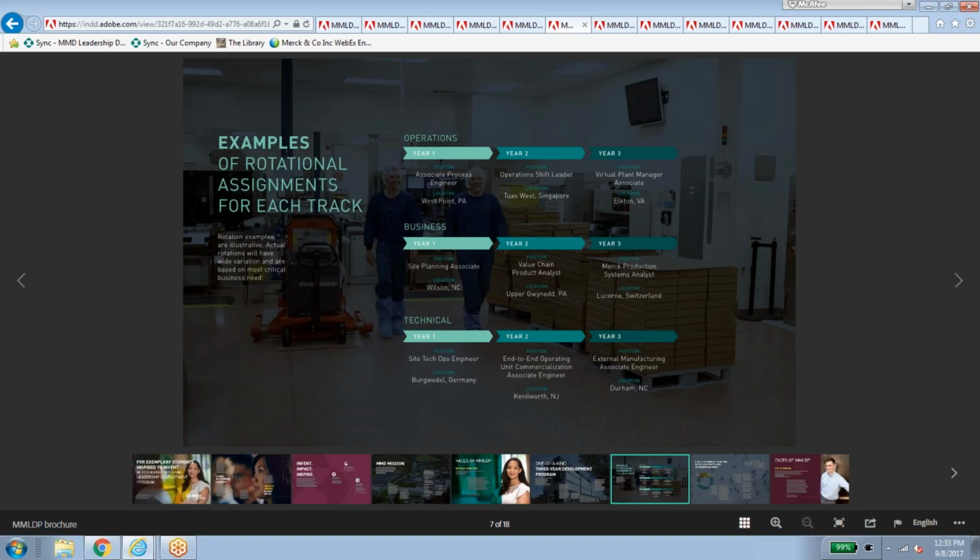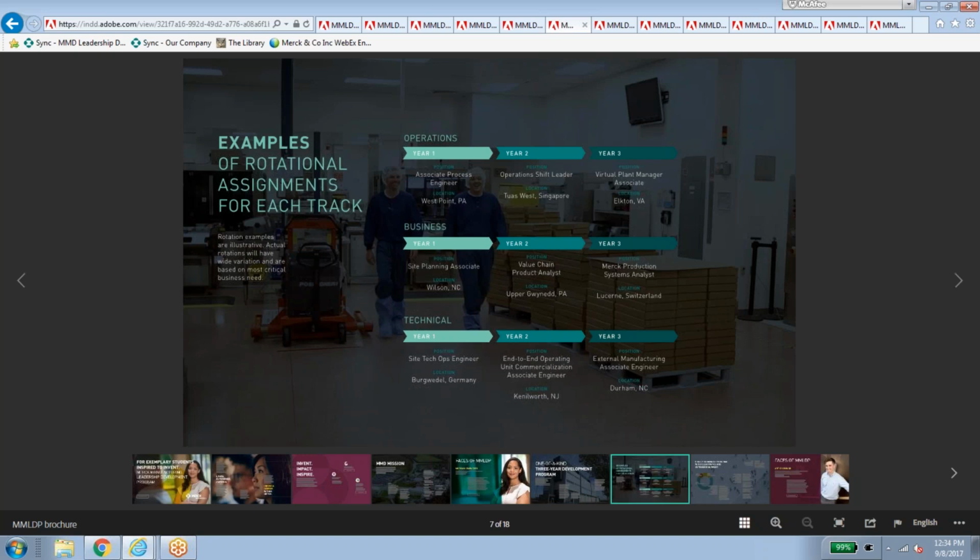So I hope this gives you a sense of what your time in the program along a given track could look like. What's important to point out is that this program, since it is a key talent program for our division, is governed by a group called the Talent and Governance Council. This council is comprised of vice presidents from across each of our end-to-end operating units and our functions.